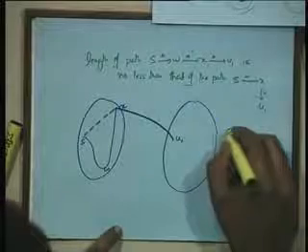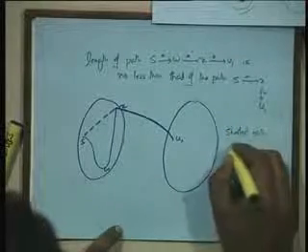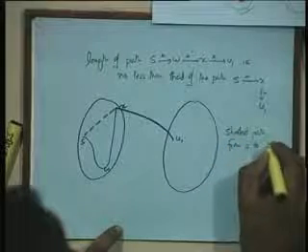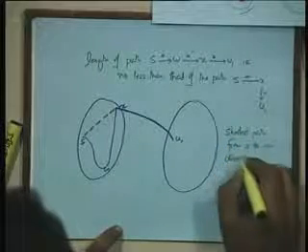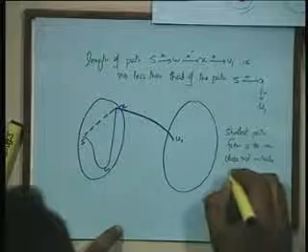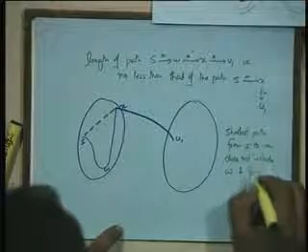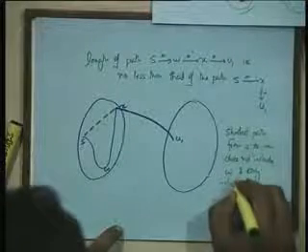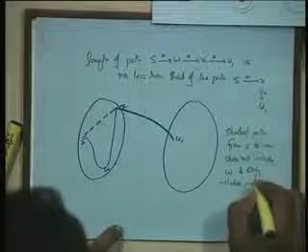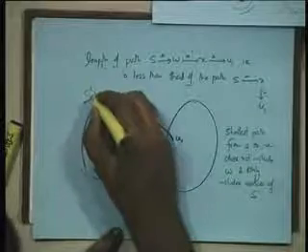Yeah? So let me write that part down also. Shortest path from S to X does not include W and includes and only includes vertices of capital S. This is capital S plus W now.